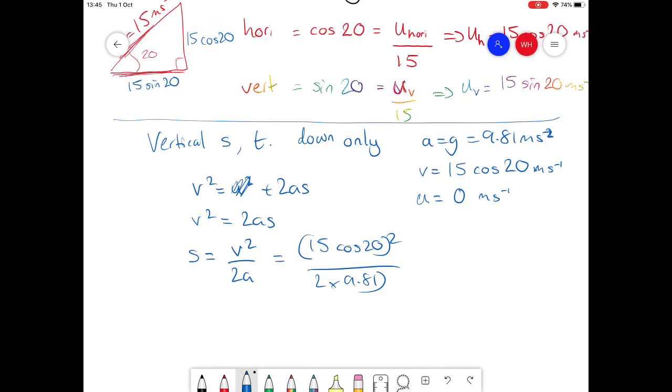Calculator. 15 cosine 20 squared divided by 2 times 9.81, which is 0.68 meters. It's not going to get very high.